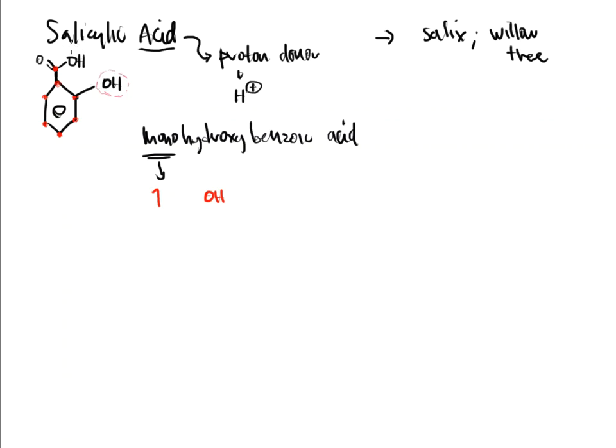Okay. Now you're probably saying, well, there's another OH group and it's up here at the top. So why isn't this a dihydroxybenzoic acid? Well, that's true. There is an OH there. But what you're going to find out in organic chemistry when you take that course is that there's many functional groups that are very similar, and this is one of them. So if OH is just by itself with nothing else other than a carbon, then it's called an alcohol group or the hydroxy group, all right?